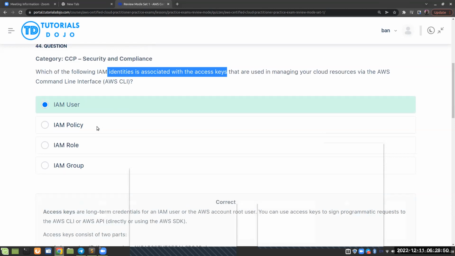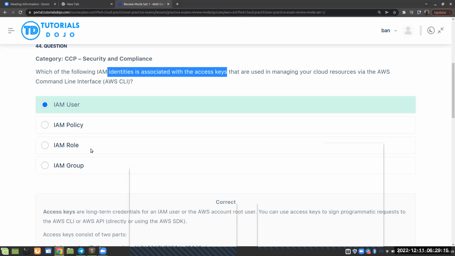IAM policy, on the other hand. The question again is which IAM identity is associated with access keys that are used to manage your cloud resources. IAM role, IAM group. We have reviewed what IAM group was. What is an IAM role? Anyone wants to try?